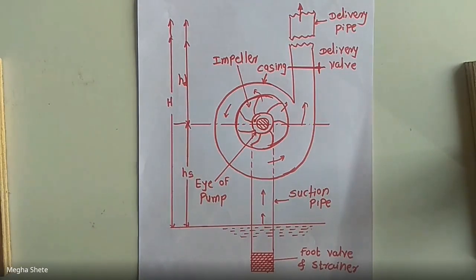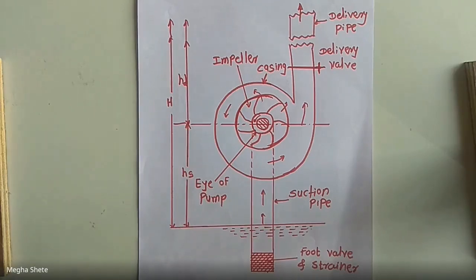Now we will concentrate on the first part, that is impeller. The rotating part of the centrifugal pump is called the impeller. It consists of a series of backward curved vanes. The impeller is mounted on a shaft which is connected to the shaft of the electric motor.